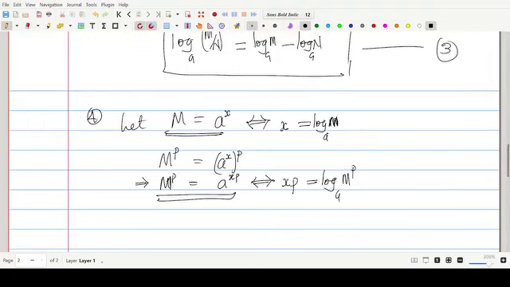All right. Now we've already obtained an expression for x. Look at it over here. So in place of x, we put the log expression. So that means we're having, instead of x, we'll be having log to the base a of m multiplied by p, equals log to the base a of m to the power p.